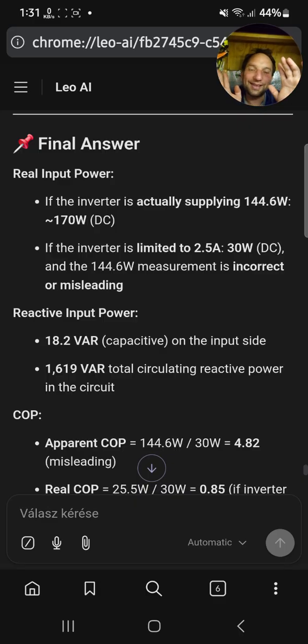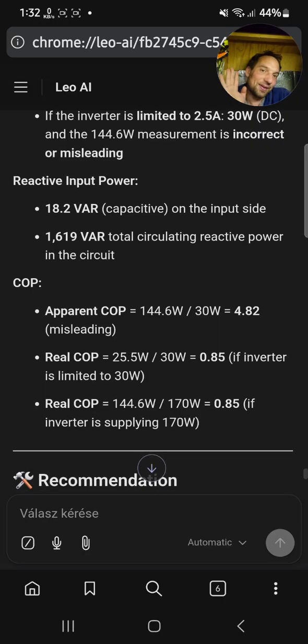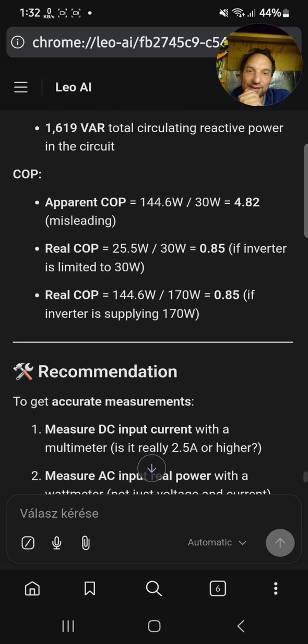So sorry, he said your current measurement was incorrect and misleading. You know, on DC you cannot measure amperage because you are stupid. He said, sorry Douglas. I don't know. That's funny. That was really funny.